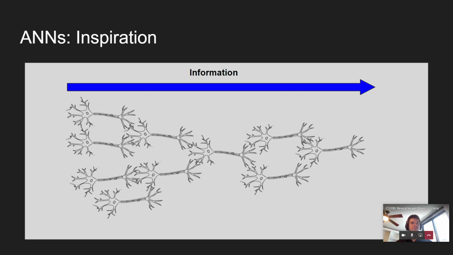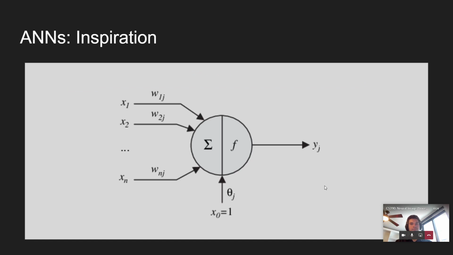So yeah, and again, we can see this information flow going from the left side, where we have our dendrites, all across the network. Now, here is our artificial neuron. In this case, we have a bunch of inputs. We can think of these like our dendrites. And each of them has a weight.